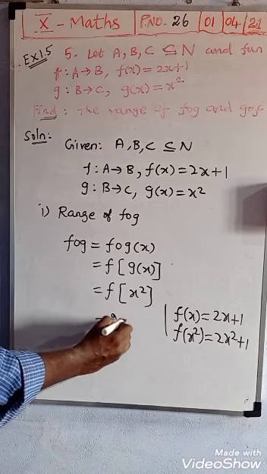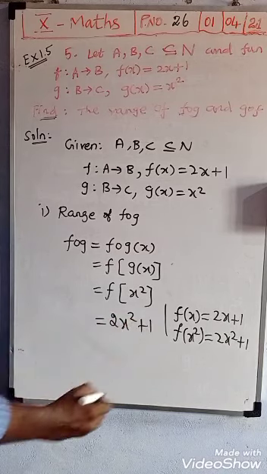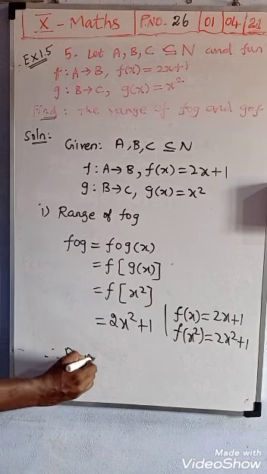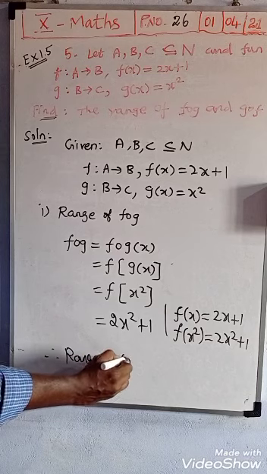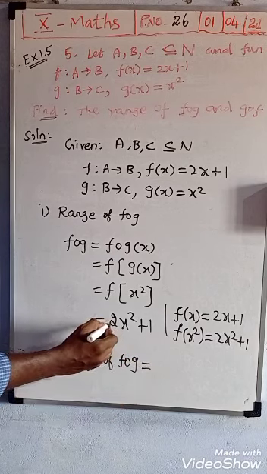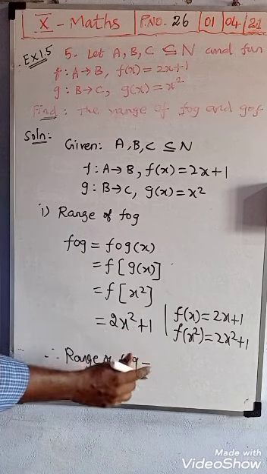So this value is 2x squared plus 1. Therefore, the question asks for the range. The range of f composition g is equal to, consider this function value as y.